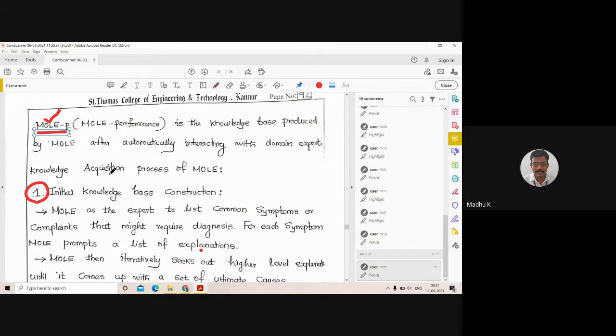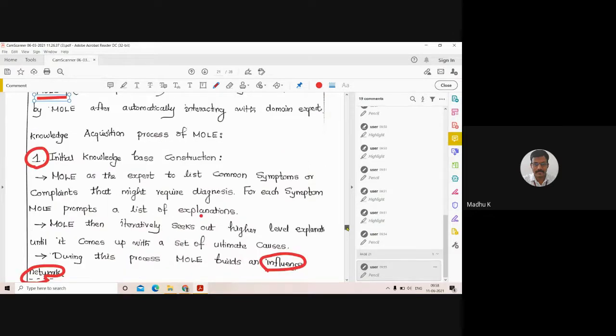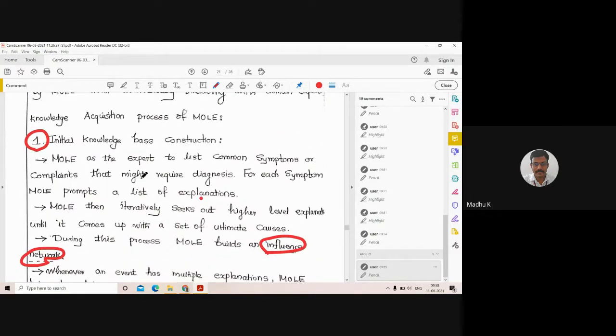Then how is knowledge acquisition done by MOLE? First it will create an initial knowledge base. For that, it will first list common symptoms or complaints that might require diagnosis. For each symptom, MOLE prompts a list of explanations.